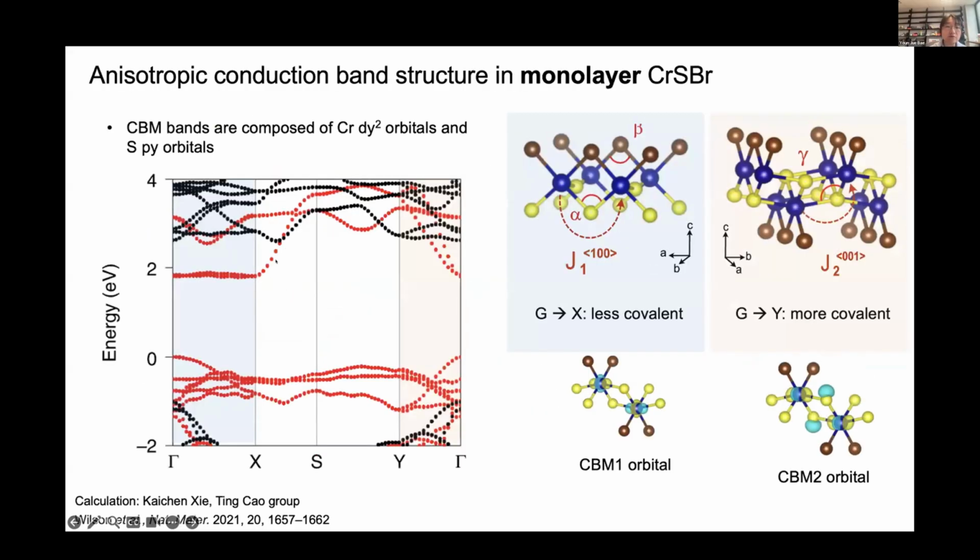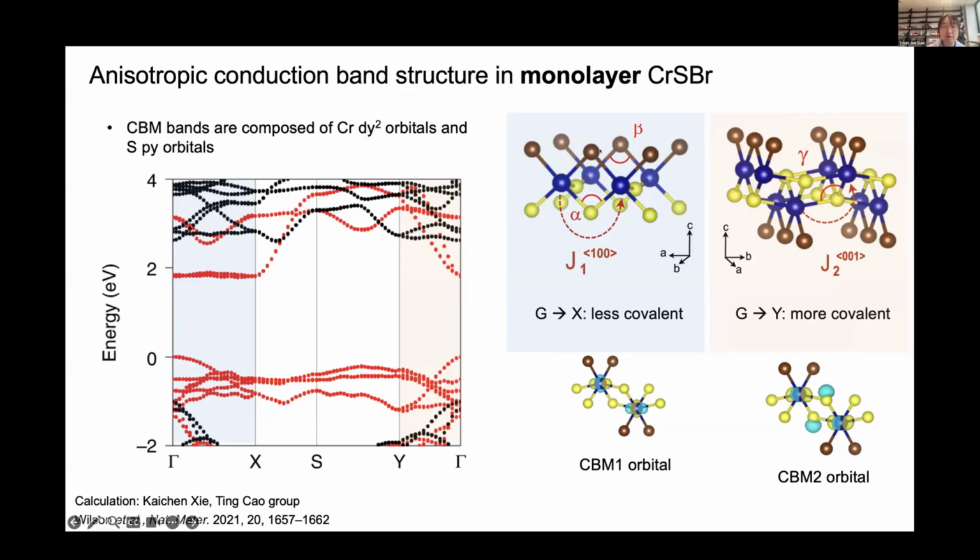And if we look at the band structure, this is the band structure calculated by Ting's group at the University of Washington. And it's really interesting. So initially, we talked about bonding, and the bonding geometry is highly relevant when we start looking at the band structure. If we look at the conduction band, you see that along the gamma to y direction it is very, very dispersive, but along the gamma to x direction it is quite flat.